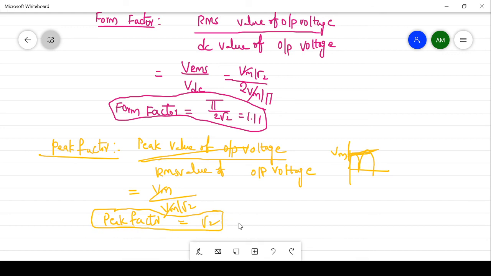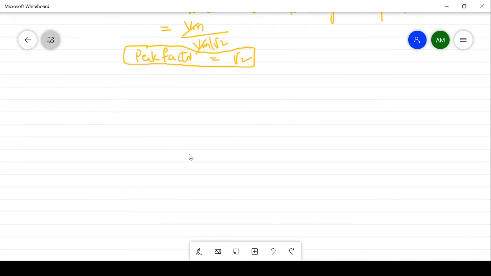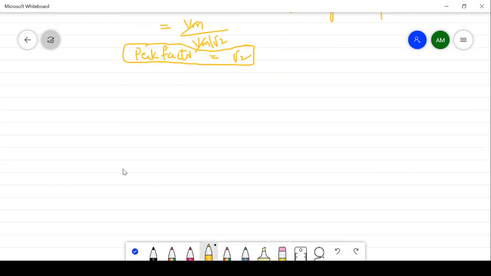Okay, finally, what derivations have we calculated here? First one is ripple factor, which is decreased here. The ripple factor of full wave rectifier is 0.482, and in half wave rectifier it is 1.21.